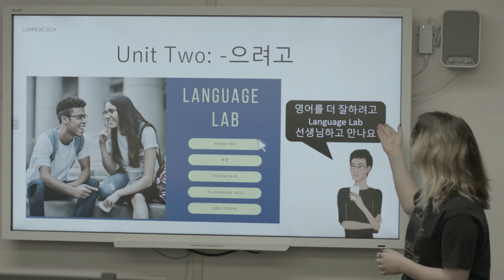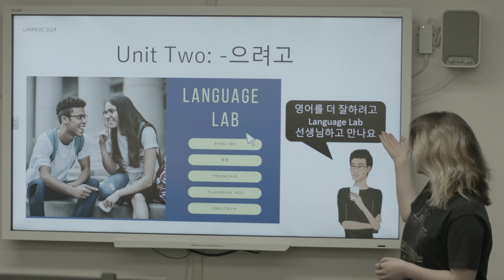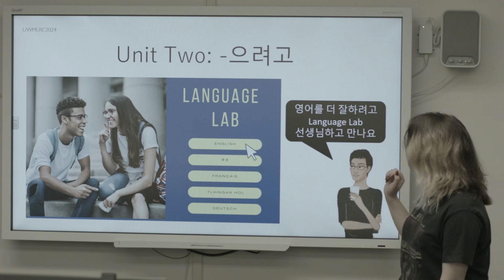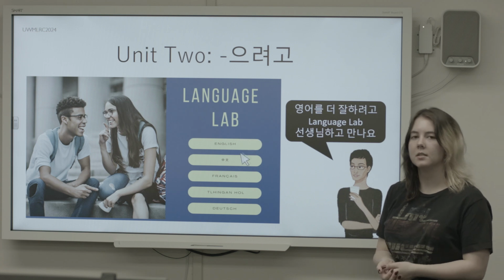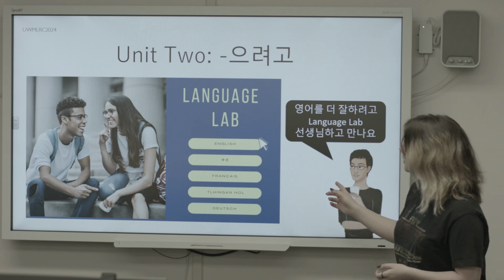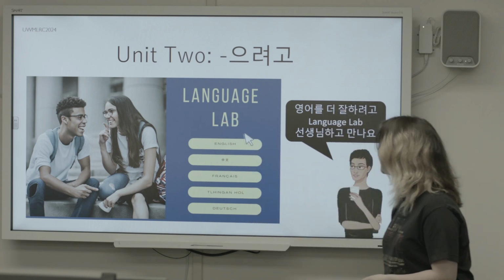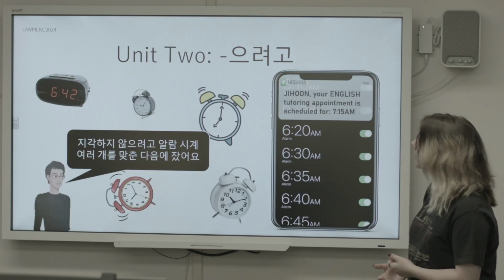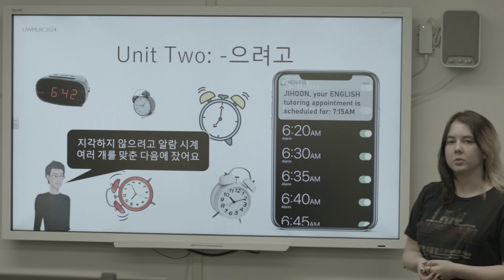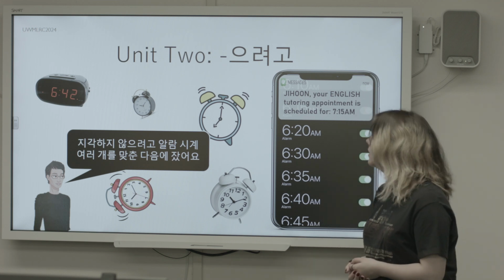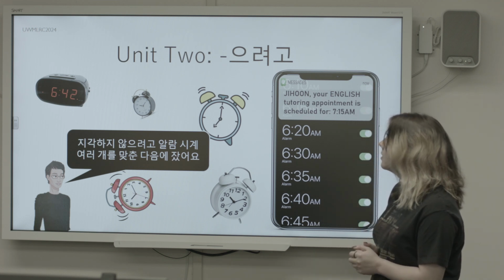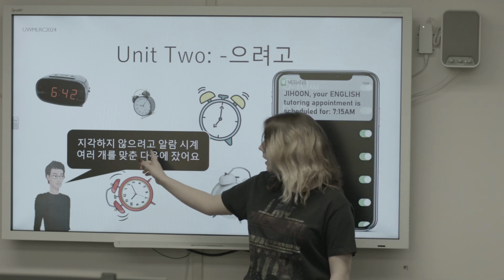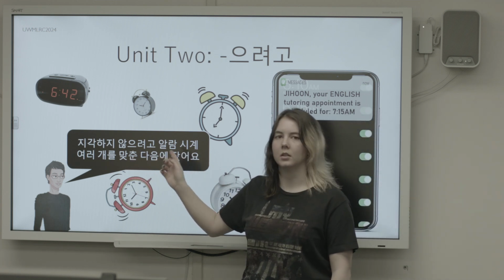So in order to do English better, in order to be able to speak English better, Language Lab 선생님하고 만나요. He meets a teacher from his school's language lab. 지각하지 않으려고, in order to not be late, 알람 시계를 여러 개를 맞춘 다음에 잤어요. I went to sleep after setting several alarms.